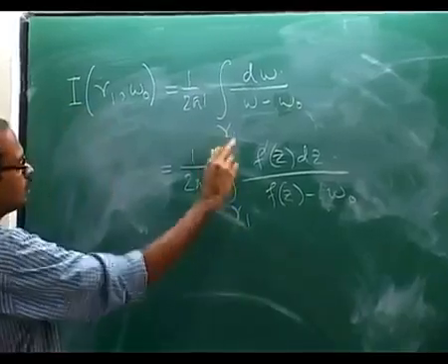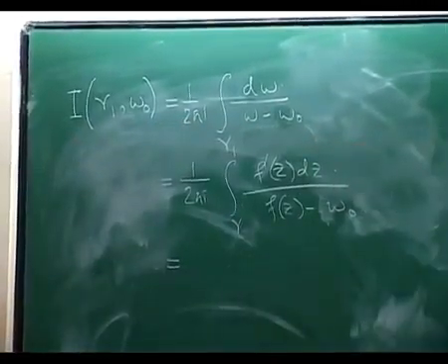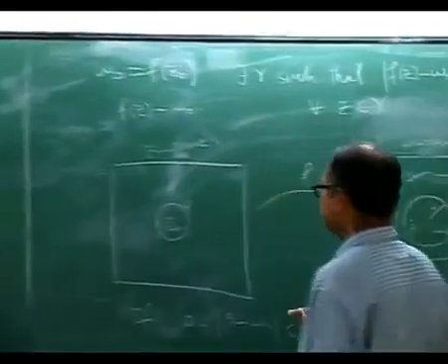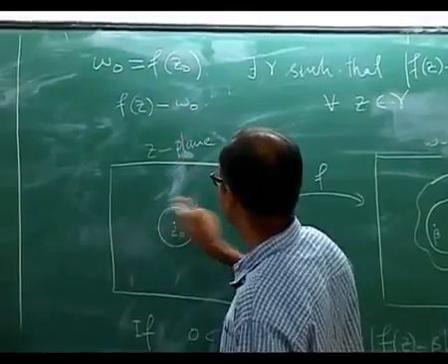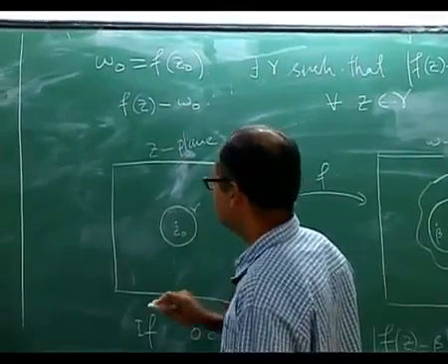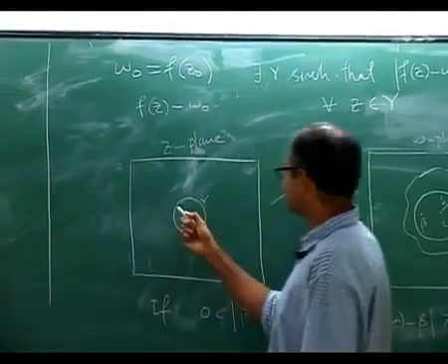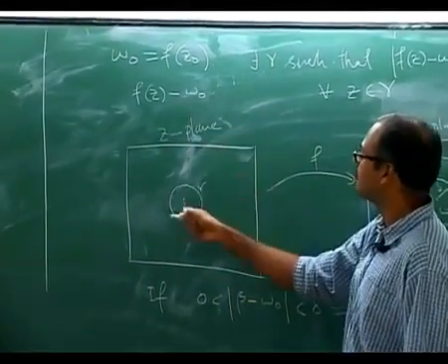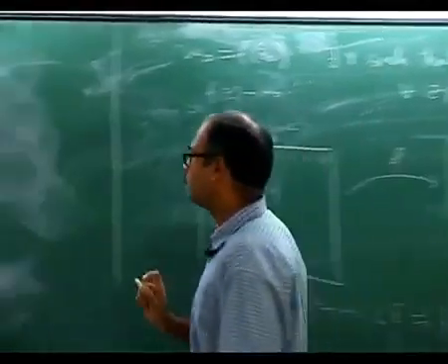Now I am in the z plane. By the choice of this gamma, this function f(z) minus w naught has a simple 0 inside this, and it does not vanish on the curve. So you can use the argument principle.